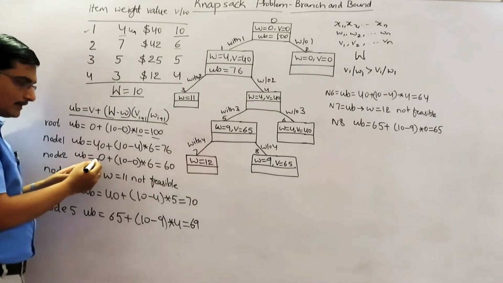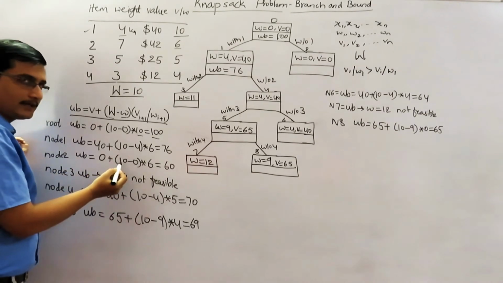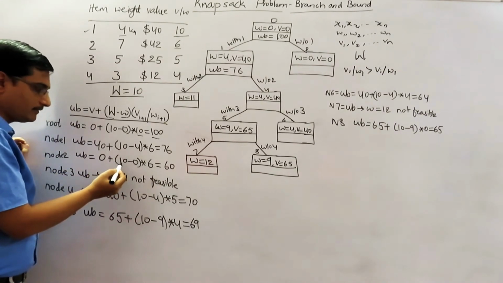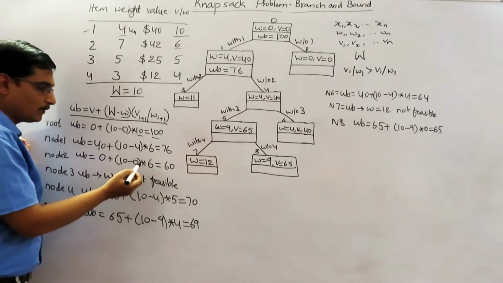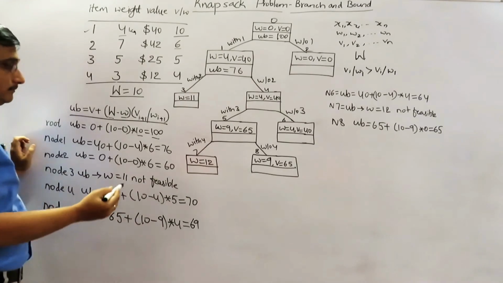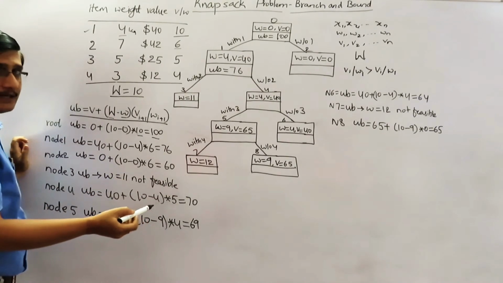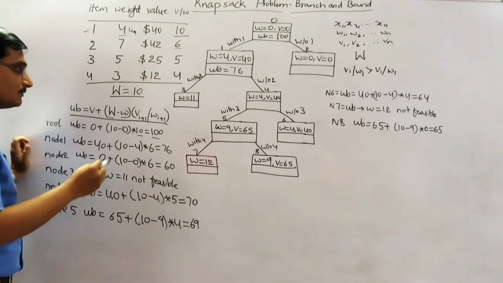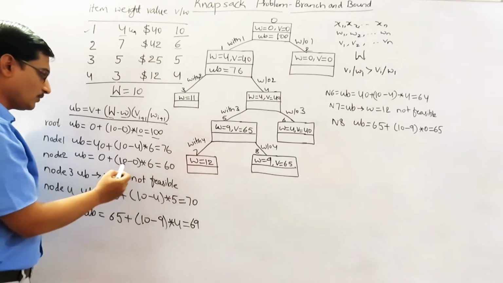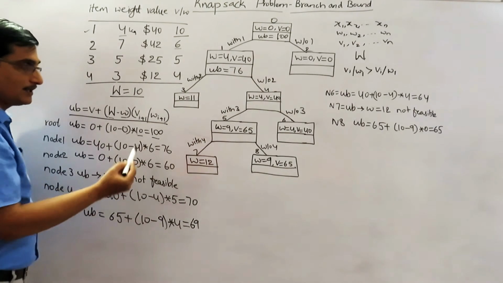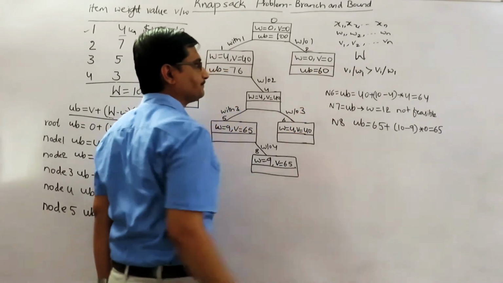The value is 0, and the capacity of the bag is 10 minus 0, because we have not considered any item, into the next item to be considered, the second item, which is 6. So 10 into 6 is 60. The upper bound will be 60.